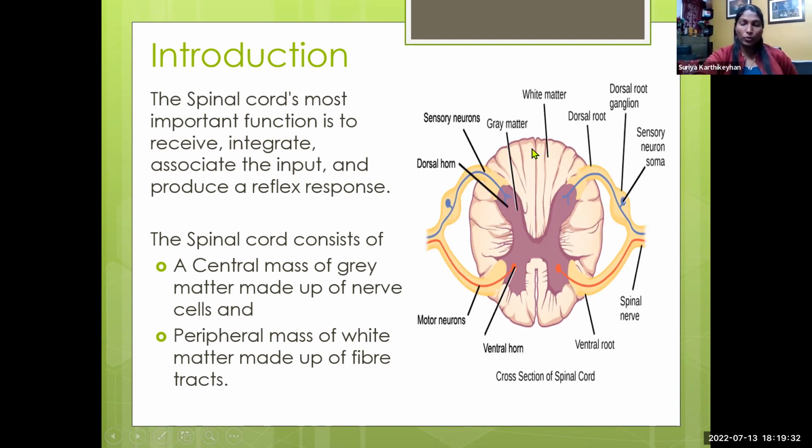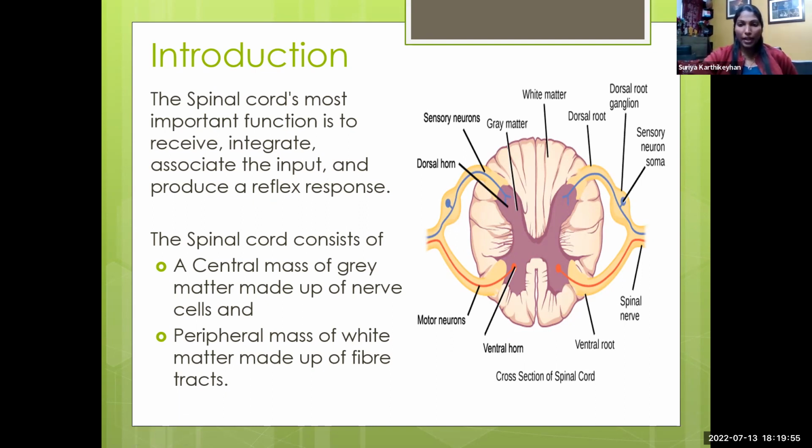We have different types of neurons: motor neurons, sensory neurons, and interneurons. The sensory inputs are carried to the spinal cord, and from there relayed to the interneurons and the motor neurons, and from the motor neurons we get the efferents, that is, the outputs. That will be the reflex.